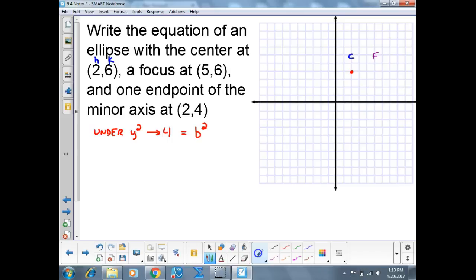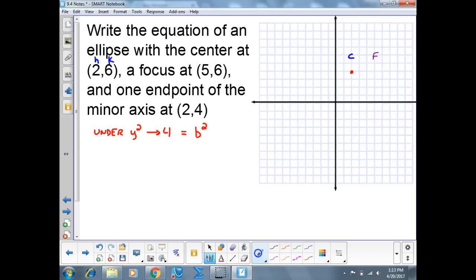We know one more thing. Do we know where the other focus is?